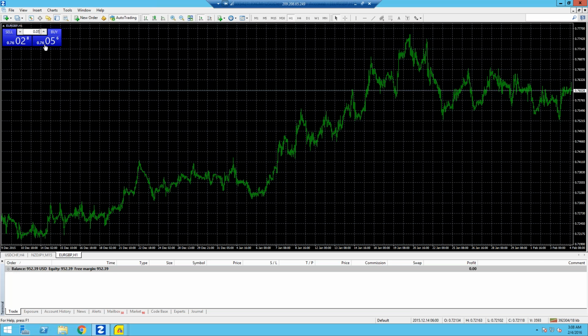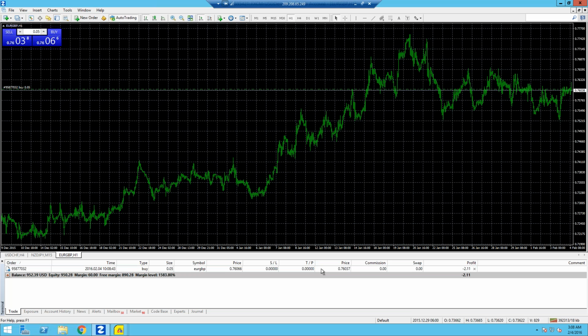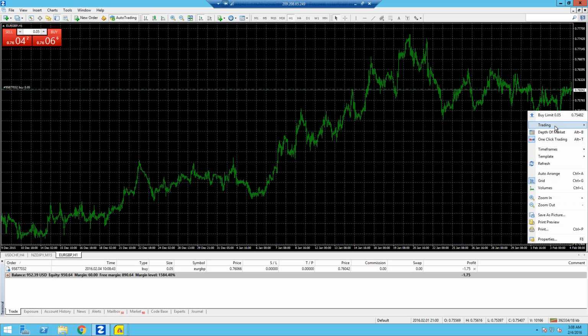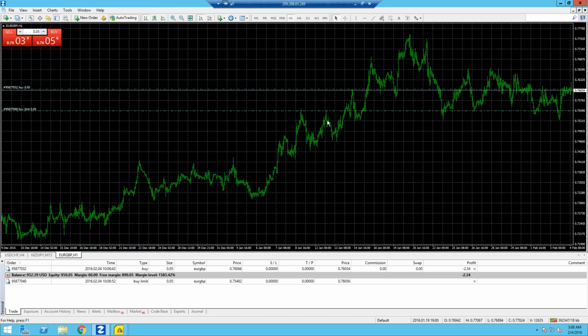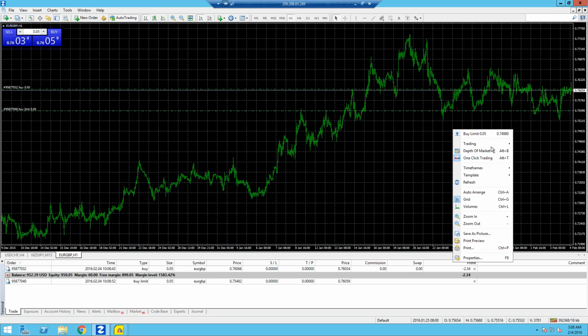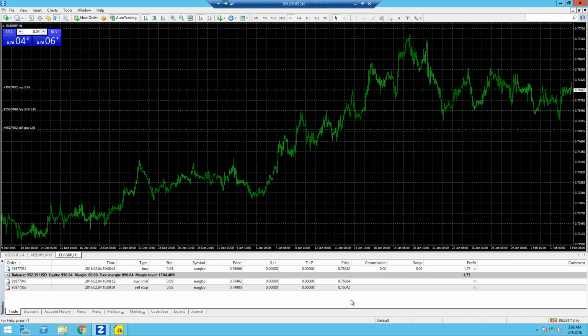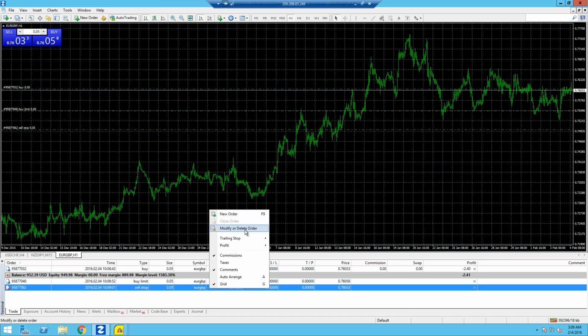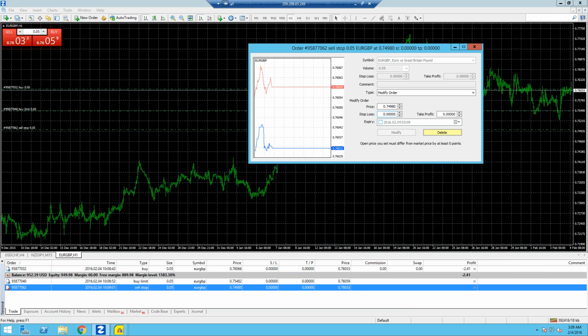I'm buying 0.5 here, and then I'm gonna buy maybe half here. So I bought half and half, and then down here I'm gonna put a stop. I'll put a sell stop down there, and then I'm gonna modify that sell stop, because that should be higher.